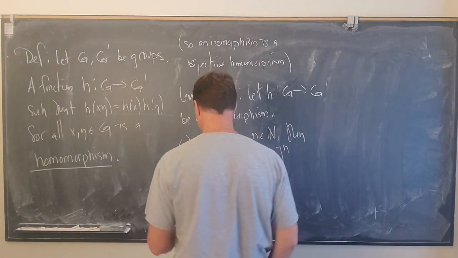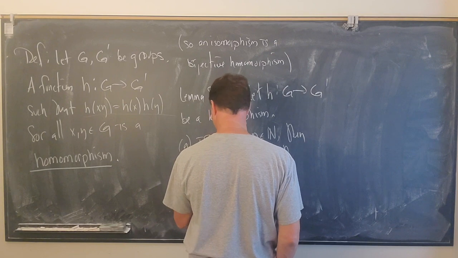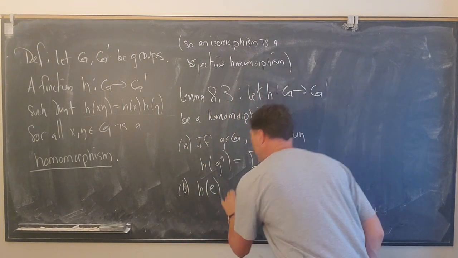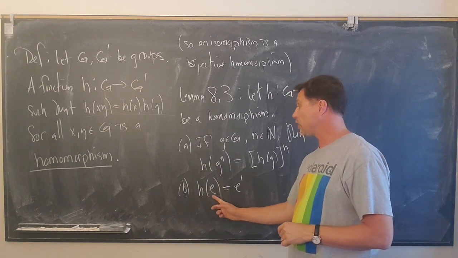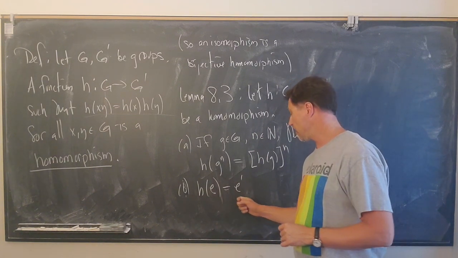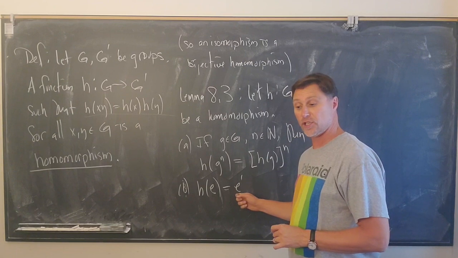Part B, h of the identity e equals, now I need to use another symbol, so I'm going to use e prime. So this e right here stands for the identity in G. This one here stands for the identity in G prime.